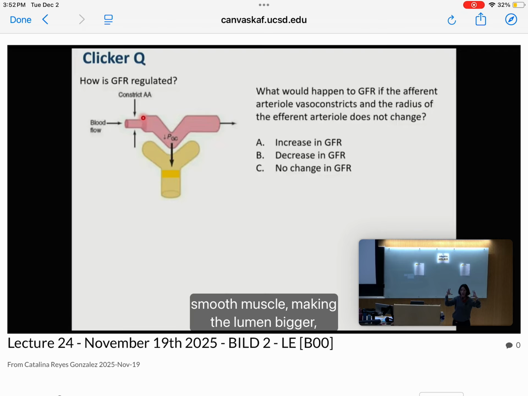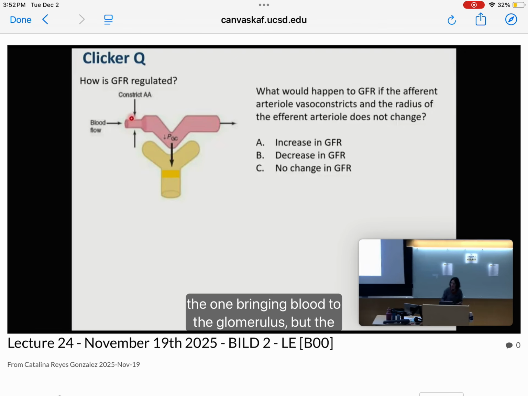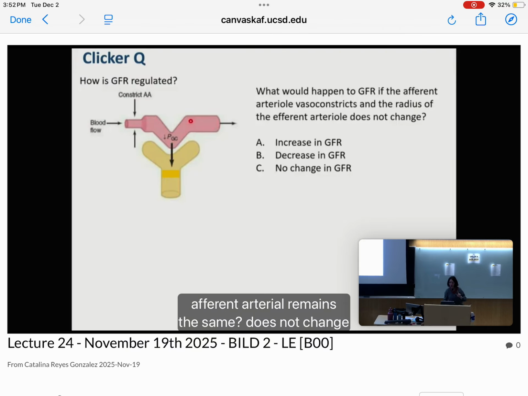They relax that smooth muscle, making the lumen bigger, decreasing resistance, increasing blood flow. So what happens if I vasoconstrict the afferent arteriole, the one bringing blood to the glomerulus, but the efferent arteriole remains the same? What would happen to GFR? Will it increase, decrease, or not change?